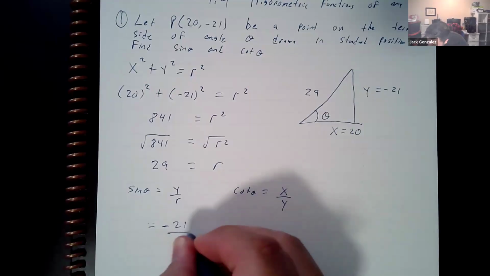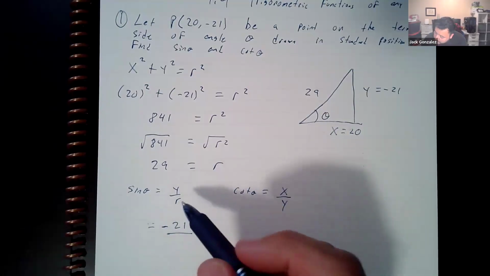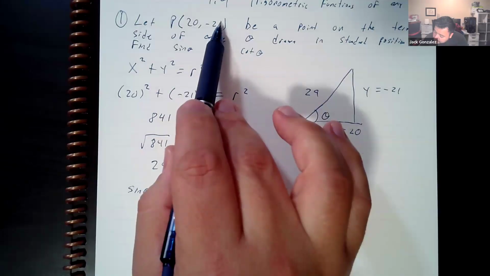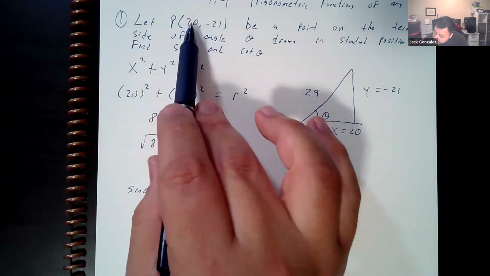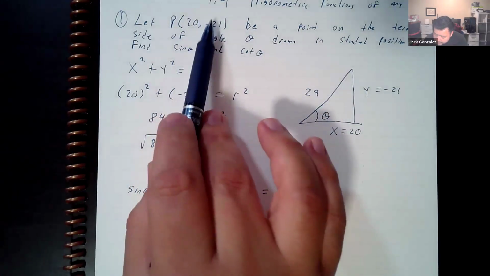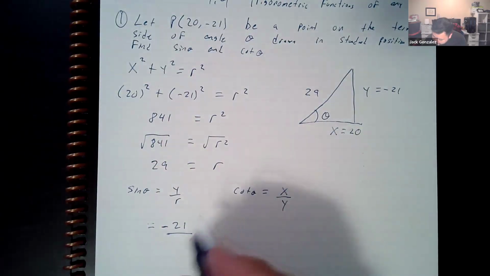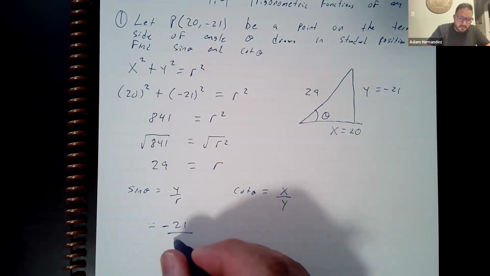So on that formula, we said sine will be negative when the y is negative, and x is positive. So which quadrant is this?